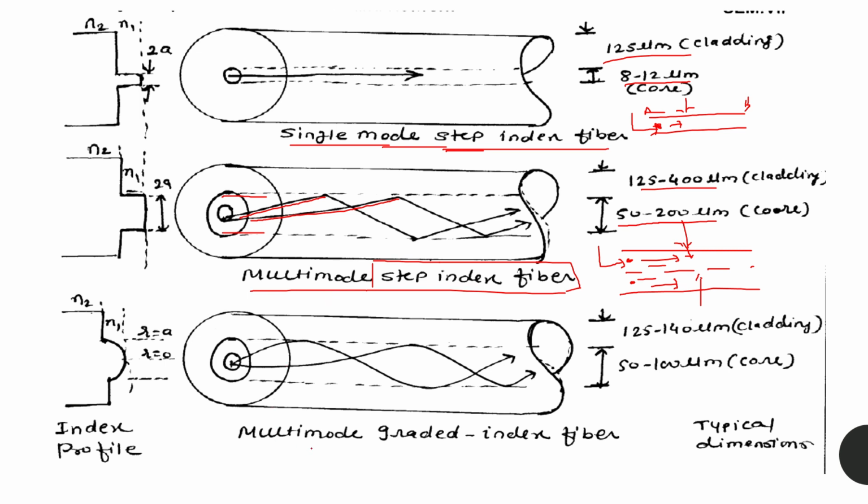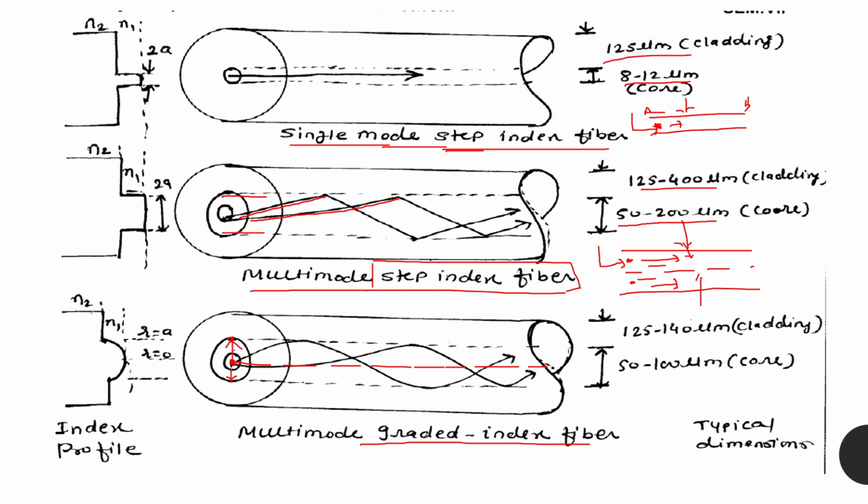The third one is the multimode graded index fiber. Graded index fiber means that our refractive index will change. Suppose this is the axis of the core. As we move toward the perimeter, the refractive index of the core will decrease, and we have the maximum refractive index at the axis of the core.